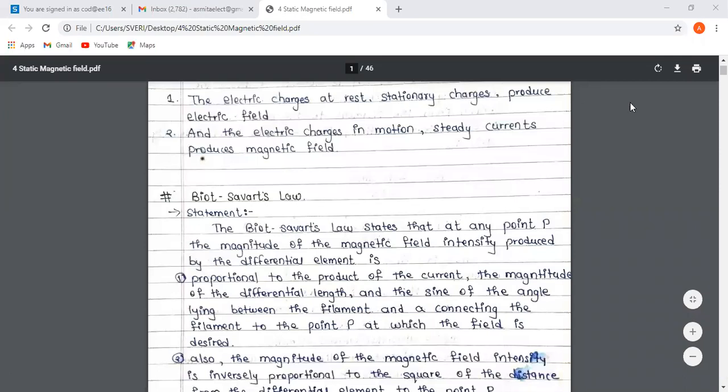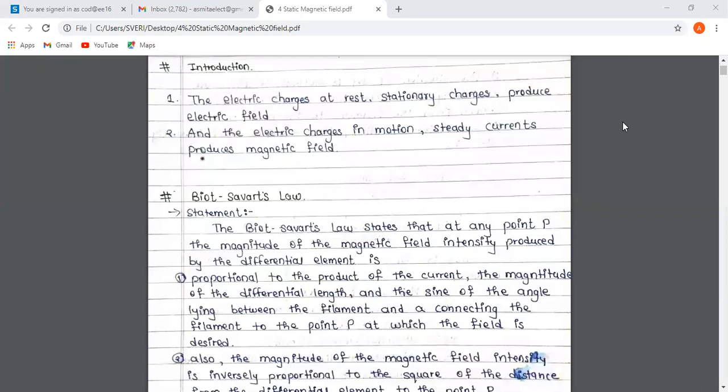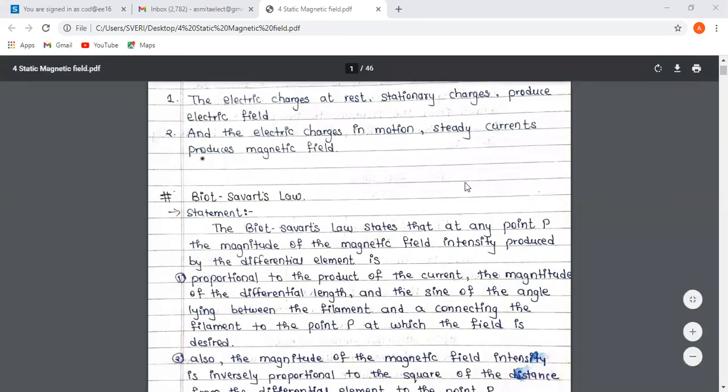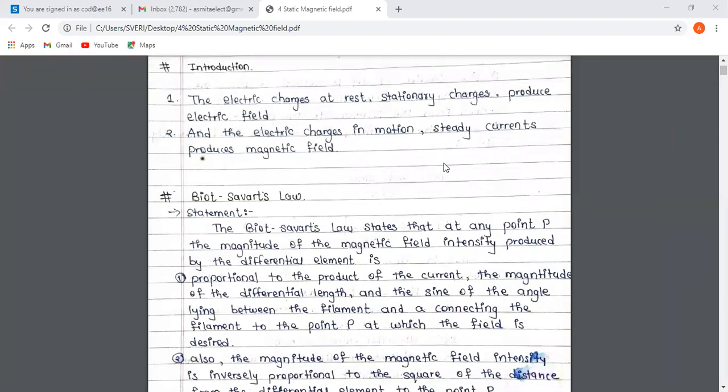But how is the magnetic field actually developed? You have already seen in first year, according to Faraday's law of electromagnetic induction, an EMF is induced. And how does current flow through the coil when we give the supply? When the charges are in motion, that is, when current flows through any conductor, it also produces a magnetic field around that conductor.